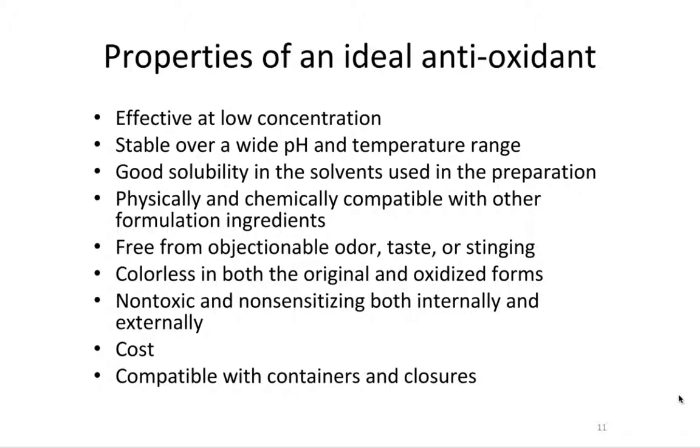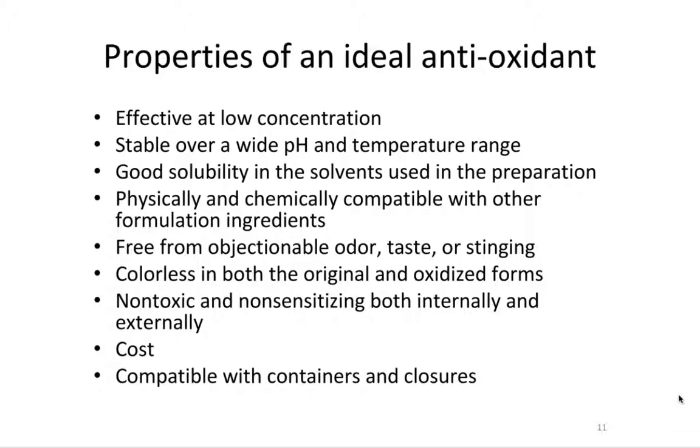Some properties that are ideal as far as antioxidants are concerned: they should be effective at low concentrations and stable over a wide pH and temperature range. This is important because high temperatures could be used when preparing solutions, and hence antioxidants should not be degraded or affected by temperatures used during processing.